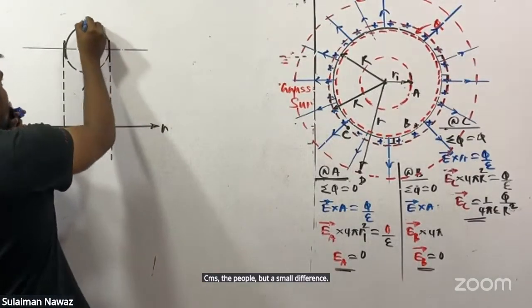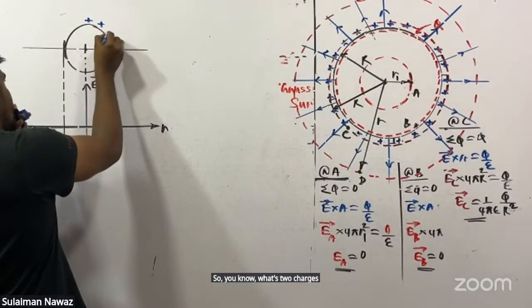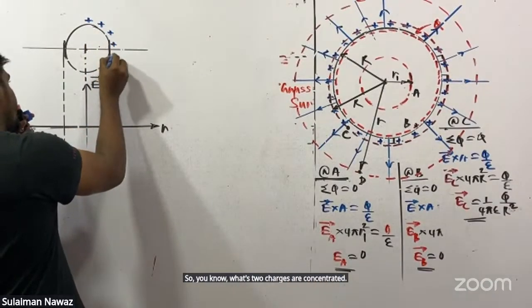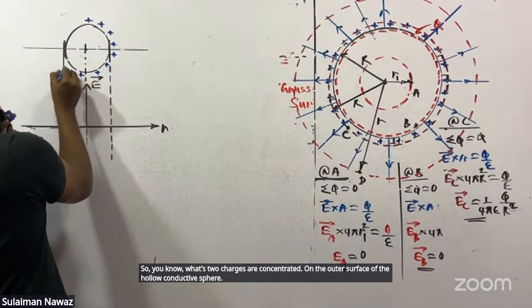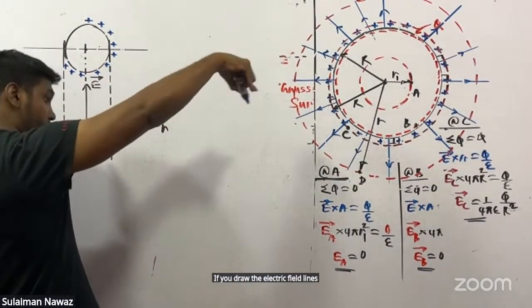So positive charges are concentrated on the outer surface of the hollow conductive sphere. If you draw the electric field lines, you have to draw like that only.